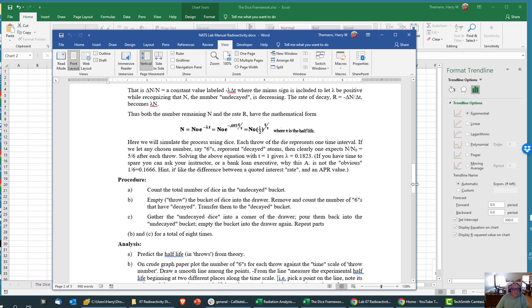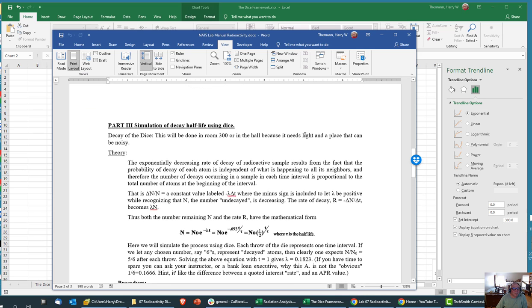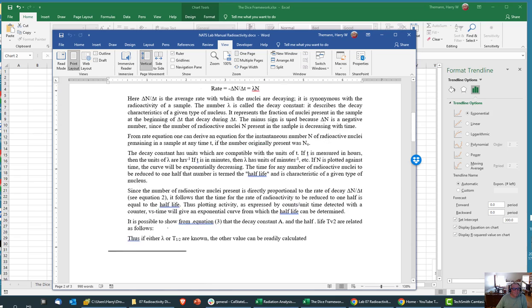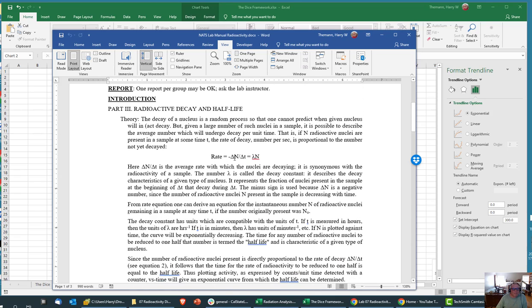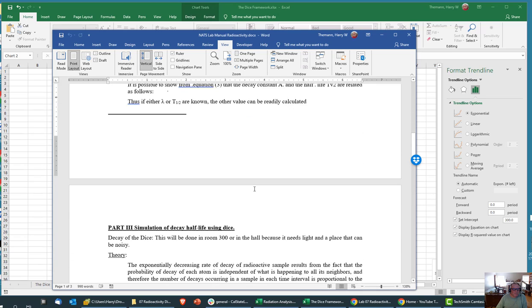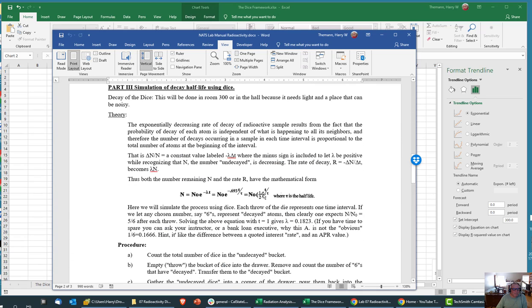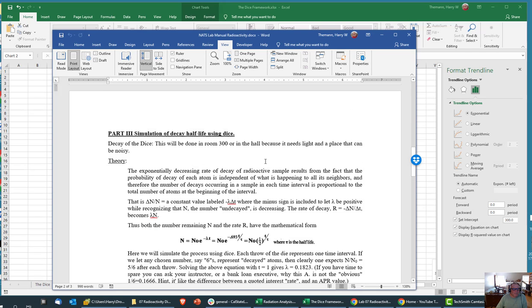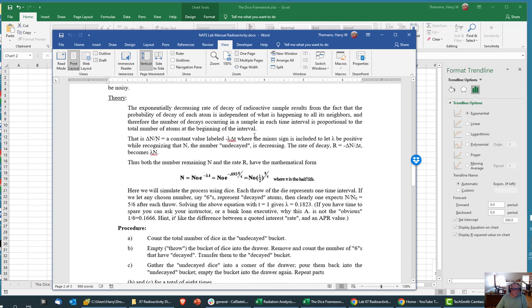This is calculus. If the amount of the number we see for every given second is dependent upon the number that are there, lambda N, this is why we end up with this exponential equation. And that's a classic calculus thing.